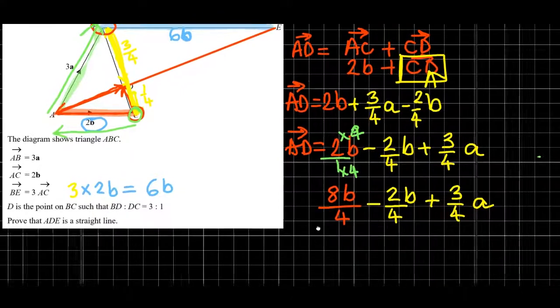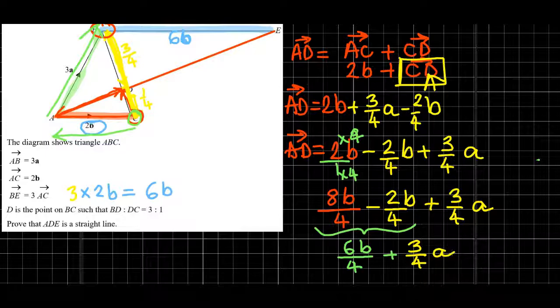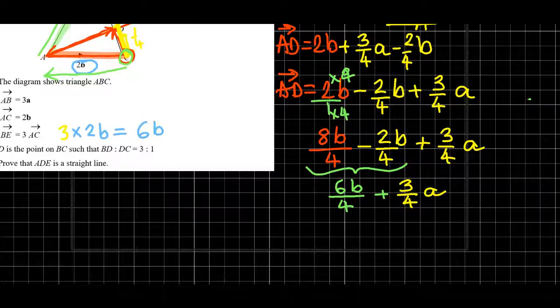So this part here is going to be 6b over 4 plus 3/4 a. If we factorize that, 4 would definitely come out, so 1/4. We also have a factor of 3, and 6 is 3 times 2.